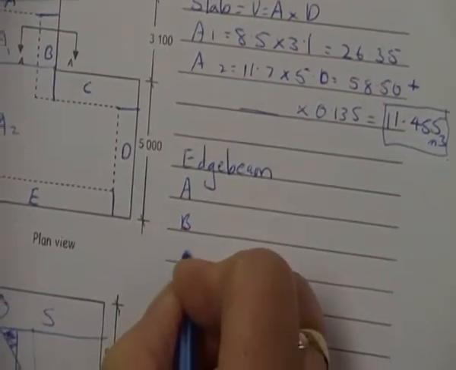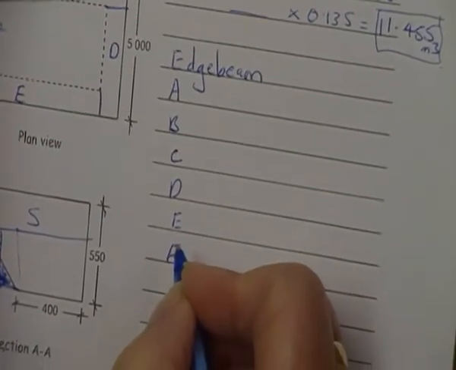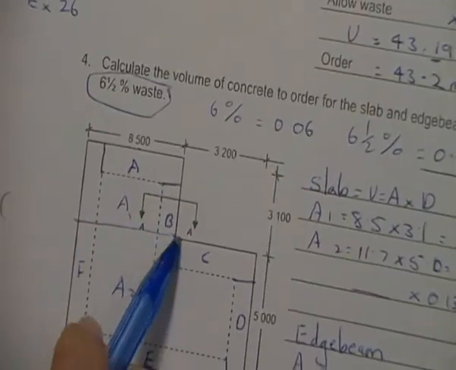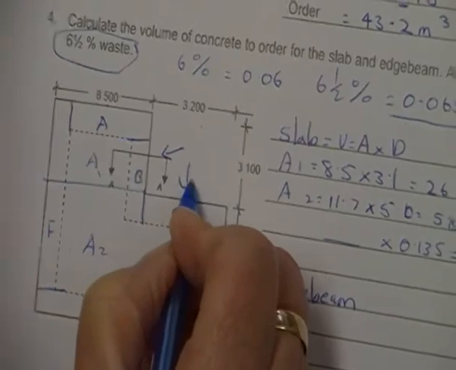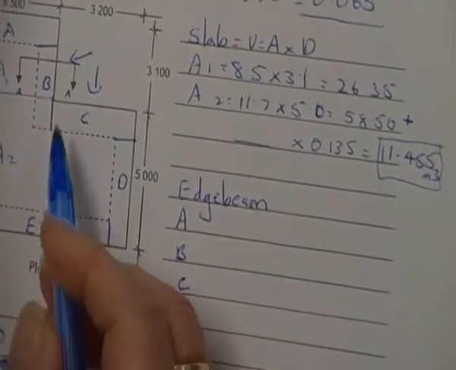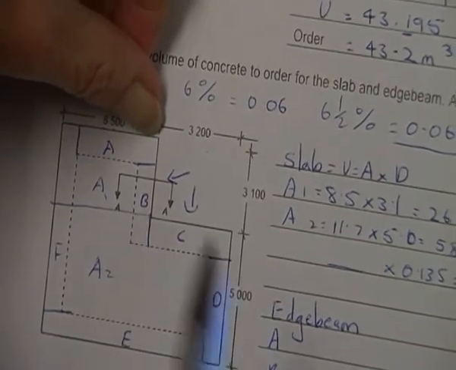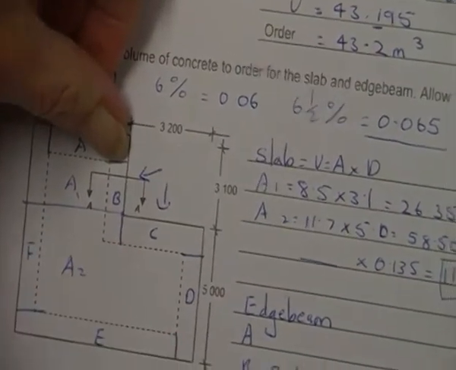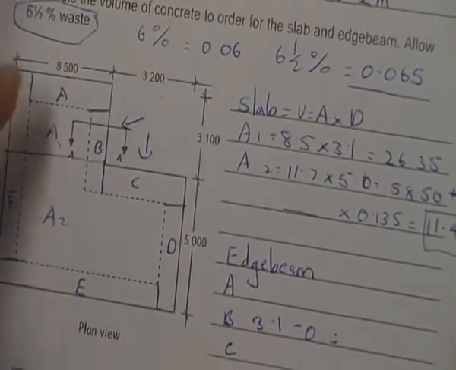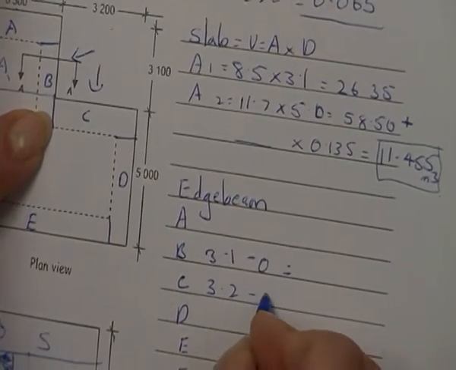Straight away I'm looking for my internal corners, and that's B and C. So we don't take anything off those. My original B is 3.1, but all I've done is slide it along, so I'm minusing 0 there. C, I don't take anything off, so that's 3.2 minus 0.